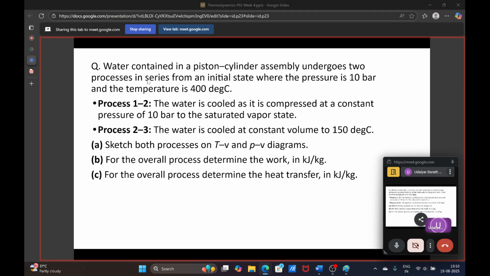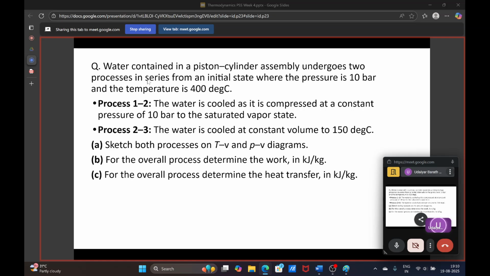Process 1-2, the water is cooled as it is compressed at a constant pressure of 10 bar to the saturated vapor state. Process 2-3, the water is cooled at constant volume to 150 degrees Celsius. A, sketch both processes on T-v and p-v diagrams.